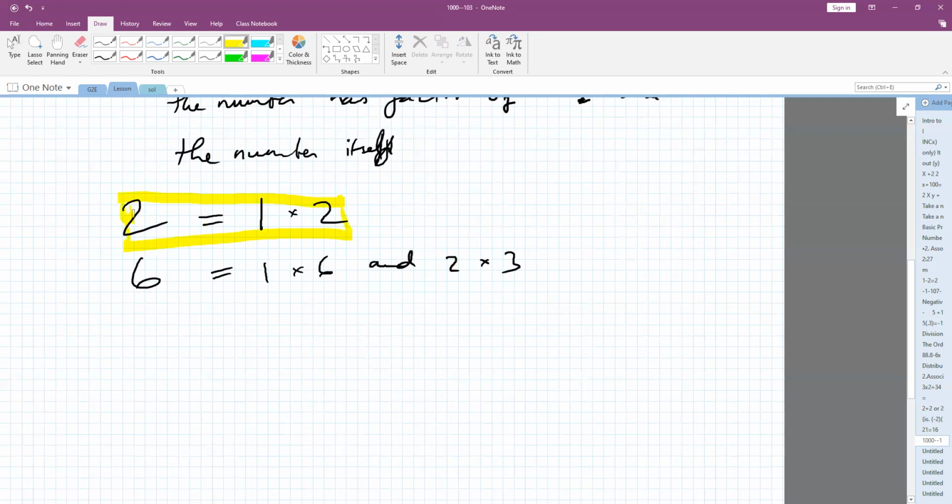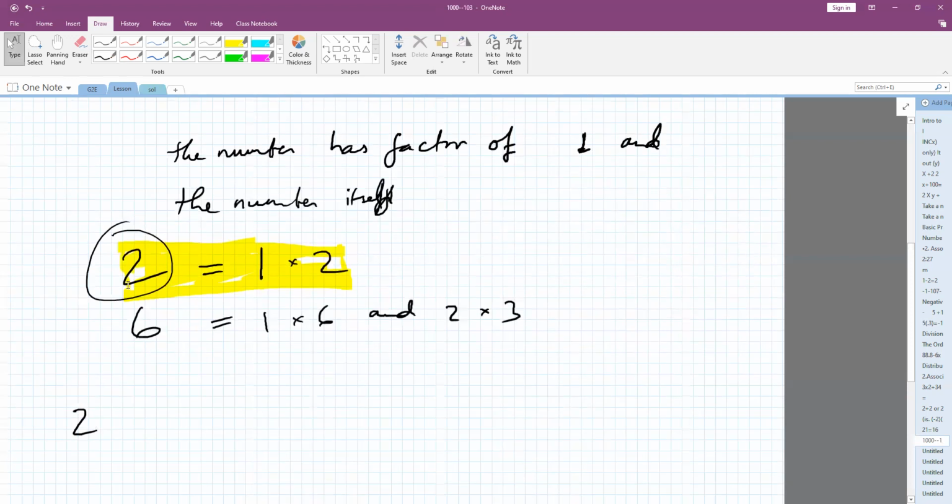So the first prime number that you need to know is 2. That's the first prime number. Now it is interesting that 1 is not considered a prime number. Why? Well, if you look at the definition, a prime number has to have the factors 1 and the number itself.